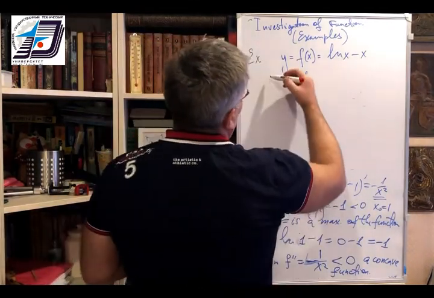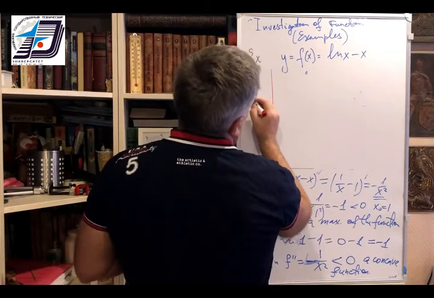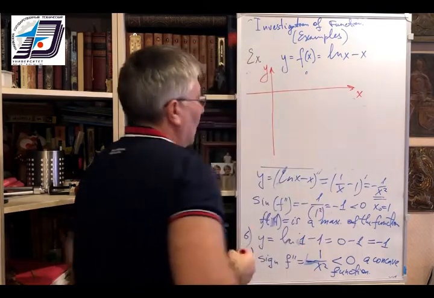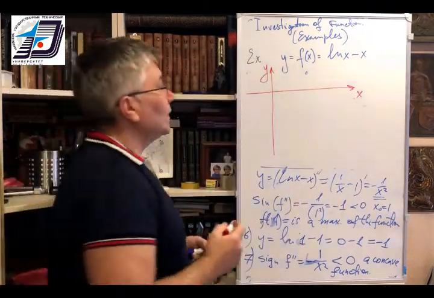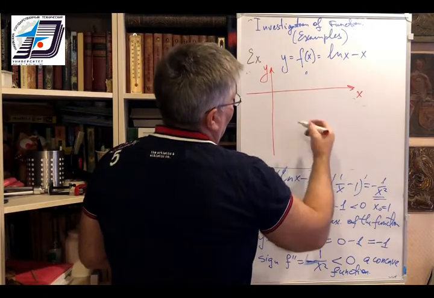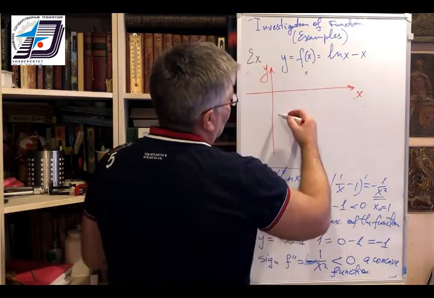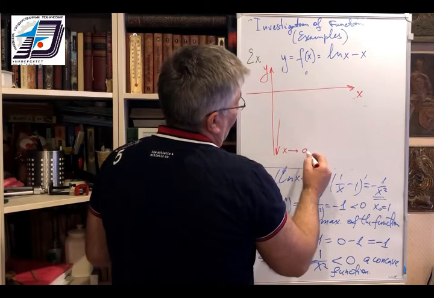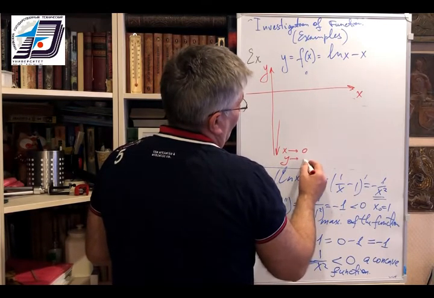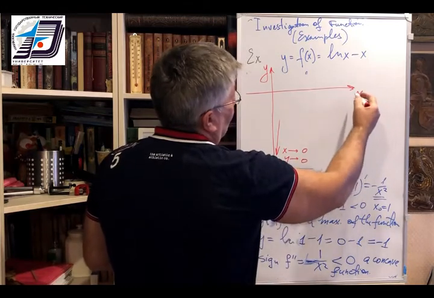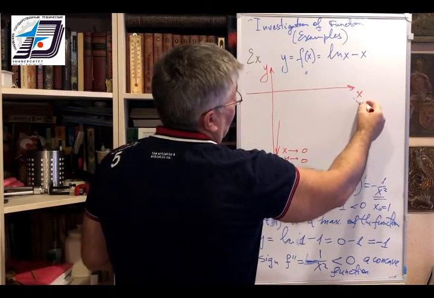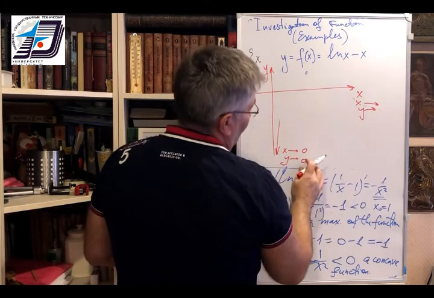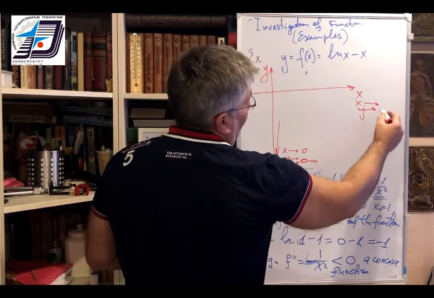So I have here the XY coordinate system. We remember that when x tends to 0, the limit of the function tends to minus infinity. When x tends to infinity, y tends to minus infinity.